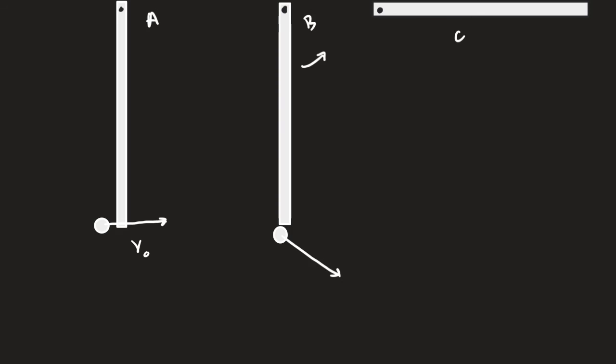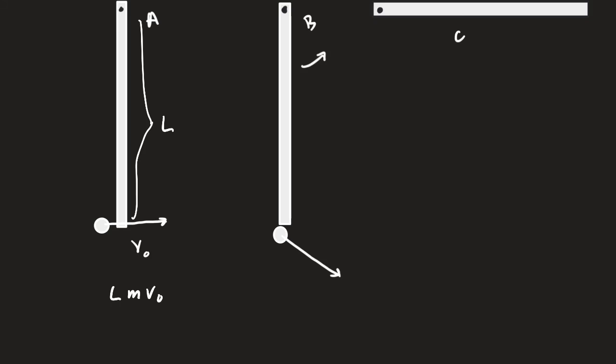But you can say that momentum is conserved from A to B. The problem is that after the collision, the ball is a separate object. It's got its own angular momentum still after the collision. Before the collision, we still have L, M, V naught for the angular momentum of the ball just before the collision. Now, I don't know what unit I'm supposed to use for the length of the bar. I'm just continuing to use what I was given in the prior example.